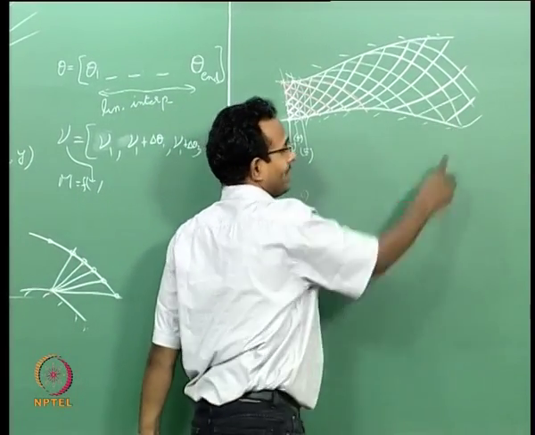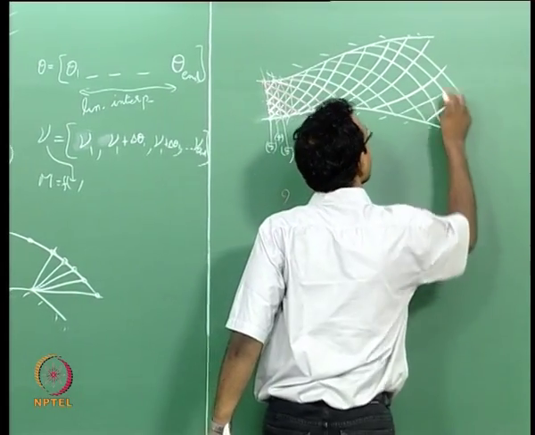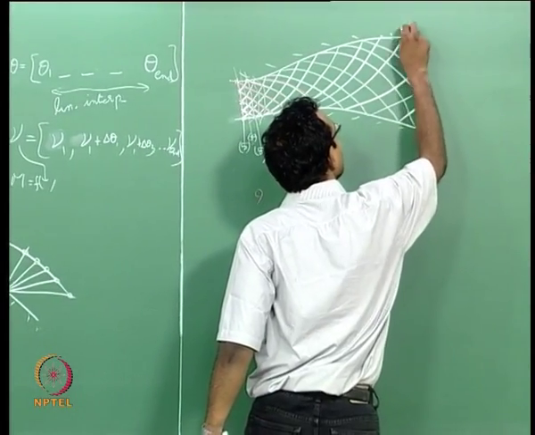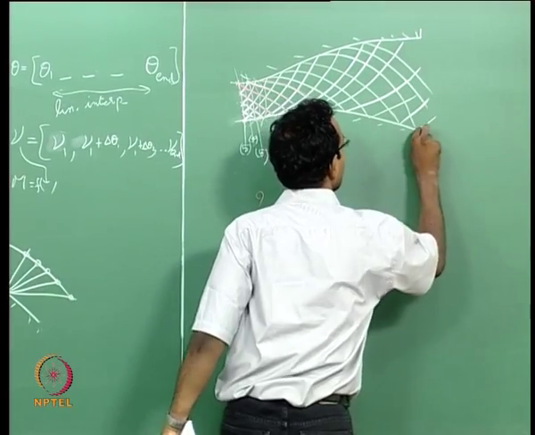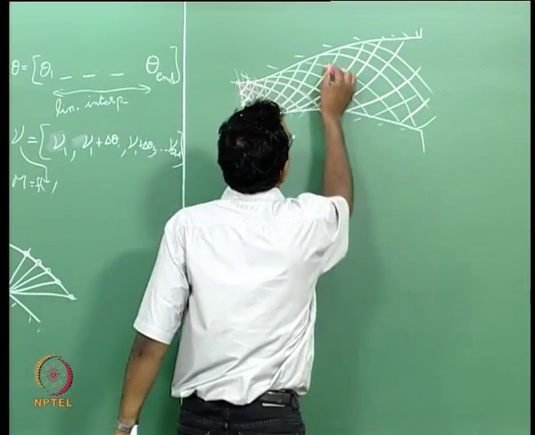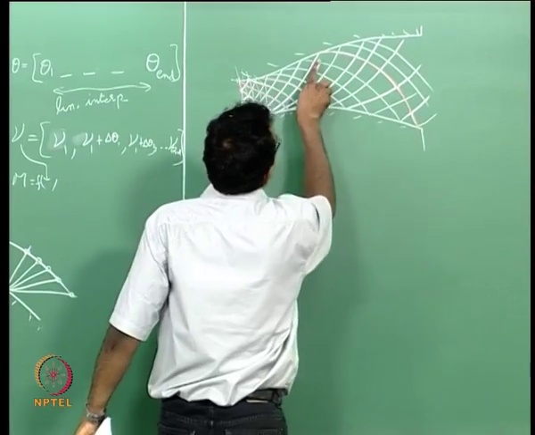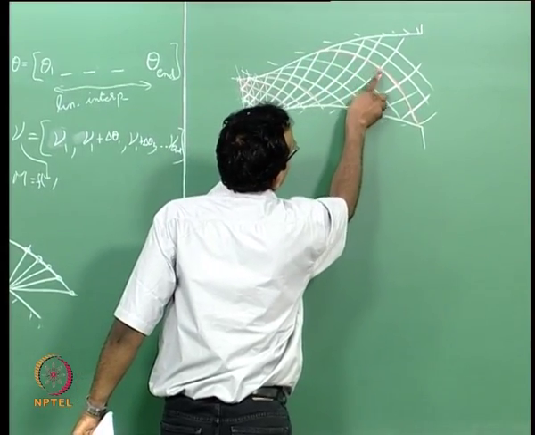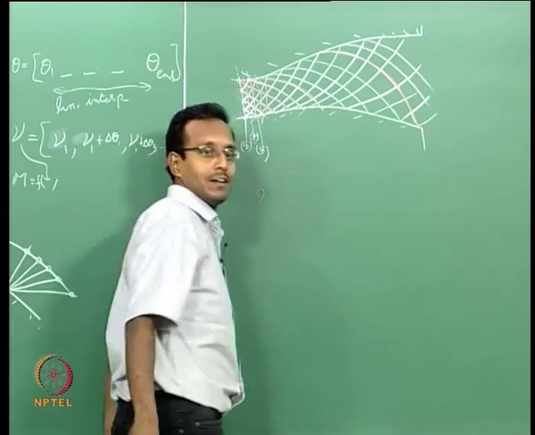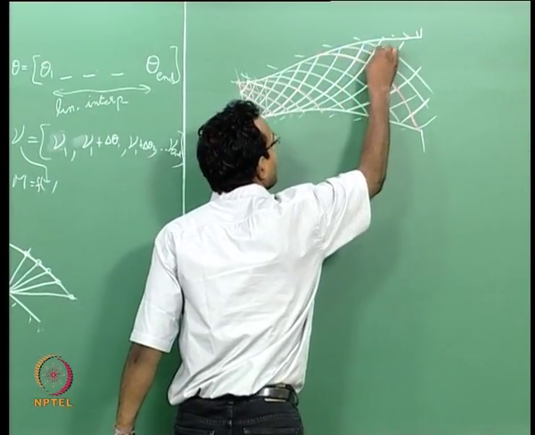When we come to the end, say my nozzle ends here, I will end up with a situation where I would have solved this line. If you notice, there will still be 9 points, 1, 2, 3, 4, 5, 6, 7, 8, 9 points, right. The next characteristic will be this one.